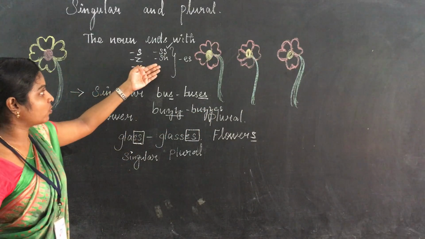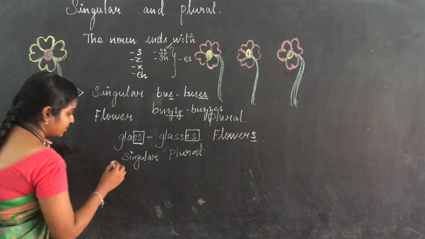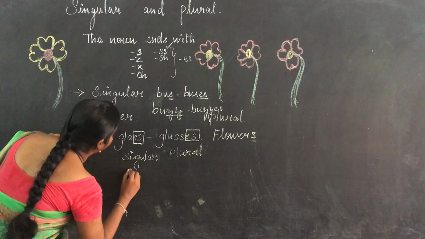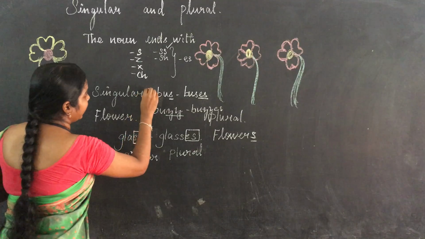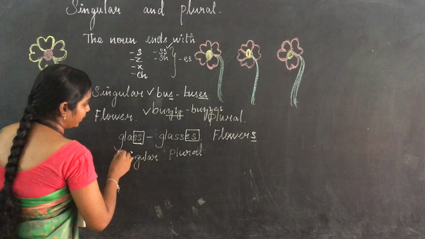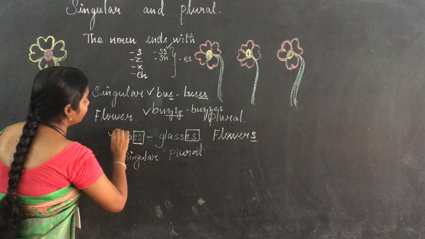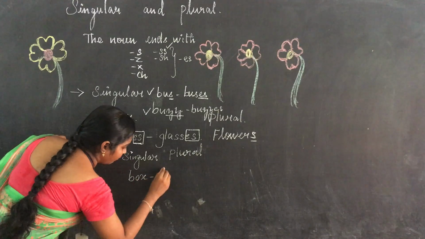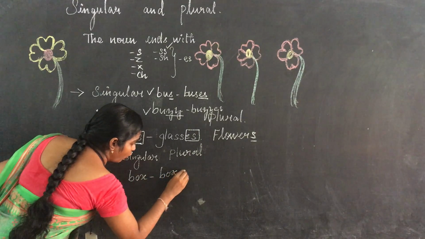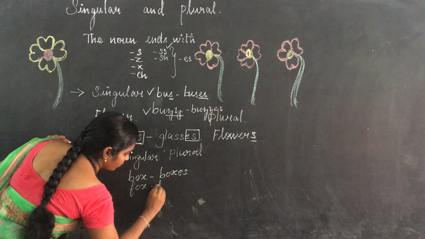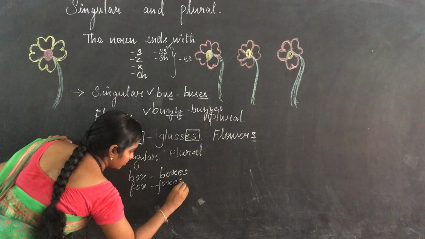Come to the next one, sh. Sh in the sense of ch; I missed ch also. First one is S, we finished, and Z also, and SS also, and X: box, we have to add boxes, and fox, foxes.